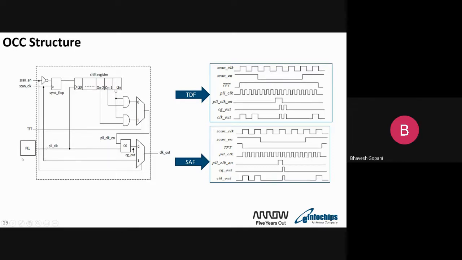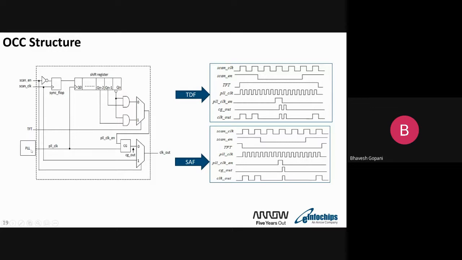So we have the main clock input, which we can say is a fast clock. Fast clocks normally come from the PLL, or sometimes there is an option to take this clock from the top, an external clock. It depends on the design and how the requirement is.